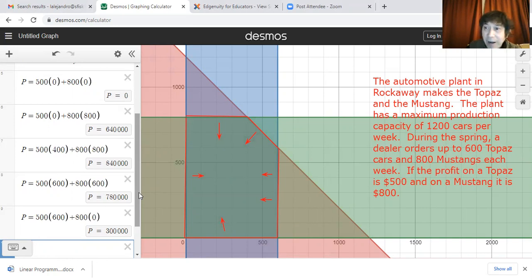So which one is the highest? Looks like we have the 840,000, which means 400, comma 800. That means 400 Topaz cars and 800 Mustangs.